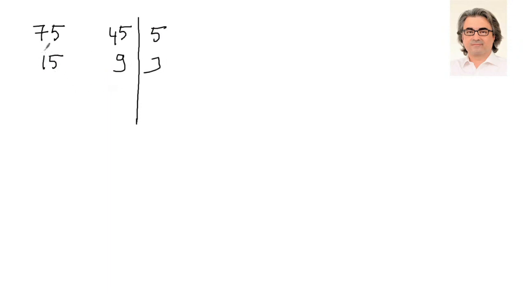3. If you divide 15 by 3, you will reach 5. If you divide 9 by 3, you will reach 3. What about 5 and 3? 1 only. So 5 times 3 gives you 15, namely the greatest common factor of 75 and 45.